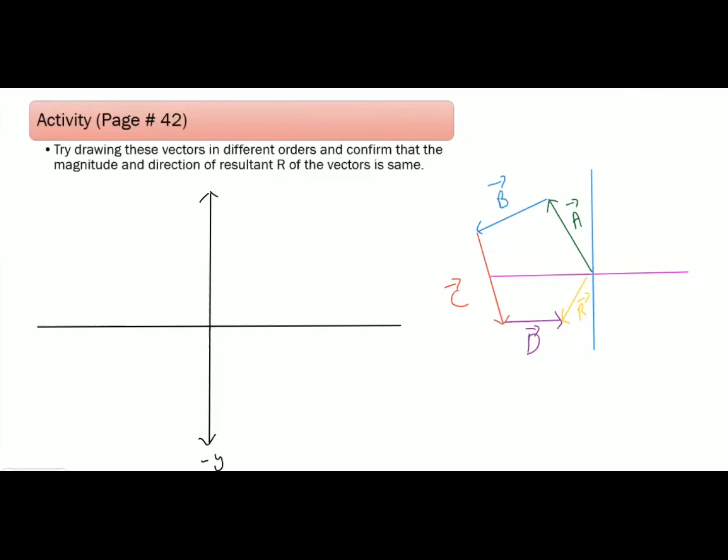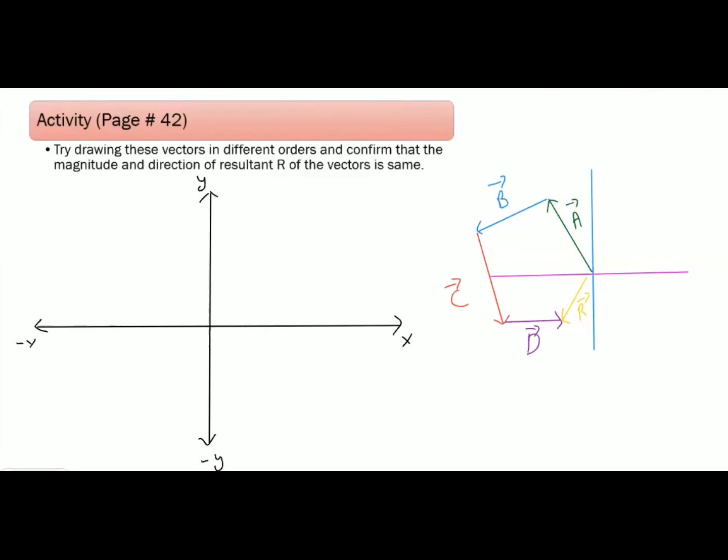And again, I will draw these vectors with arbitrary magnitude and arbitrary direction, since I am not using any kind of scale or protractor. But while you solve this activity, you have to draw these vectors according to the given directions and of the particular magnitude.